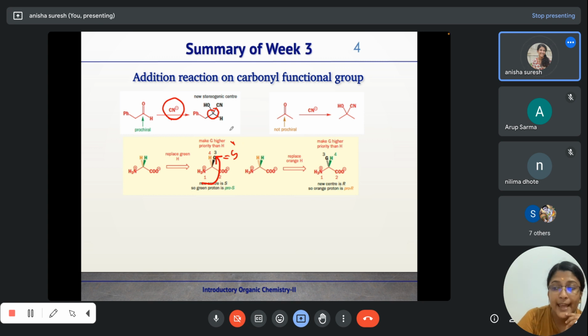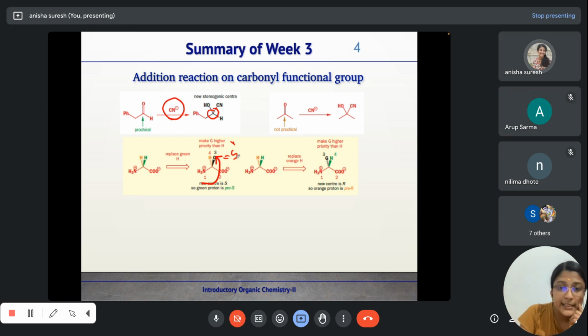So this green proton is referred to as Pro-S. So is it clear how we are assigning the priorities? That is clear, right? Yes. Okay.